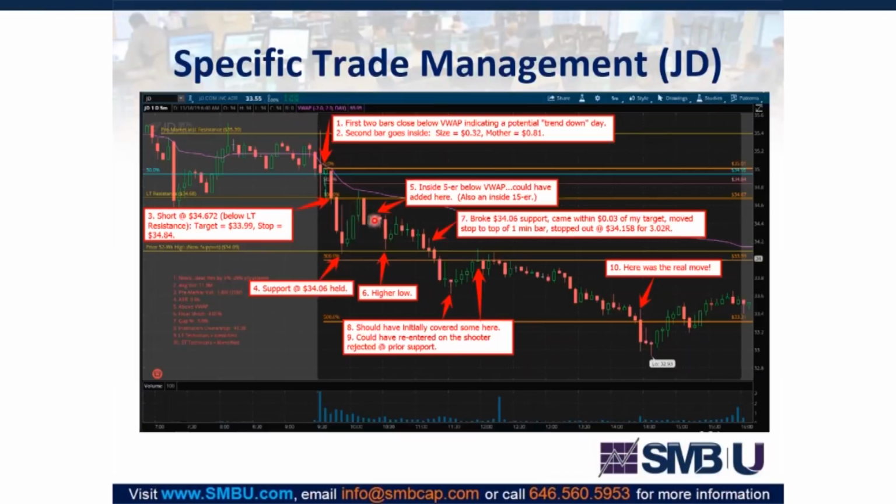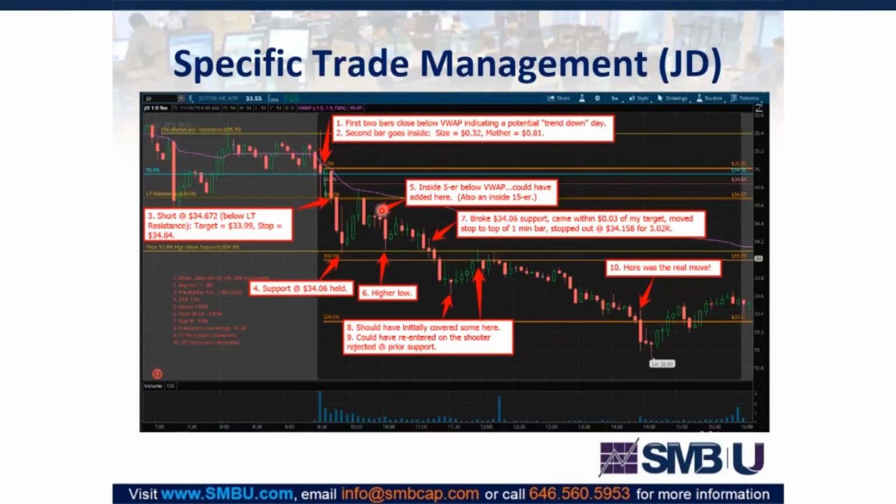And then there was consolidation. These 3 small 5-minute bars actually ended up being an inside 15-minute bar, and they are below VWAP. I certainly could have added at this point. But I mentioned to you, Mike, in my email when I initially emailed you about this, I was just nervous about having a positive example to show you.